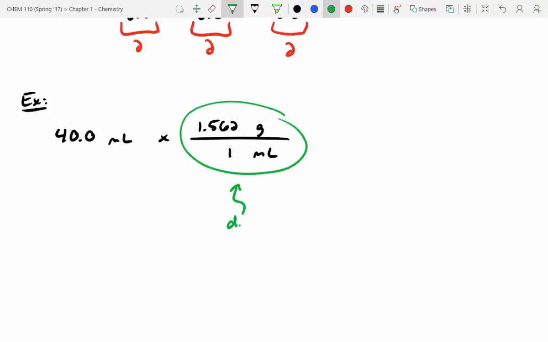We went over this yesterday in lab. And in this case, assume the 1 is an absolute number. It's not a measured number. The measured number is up top. And I want us to figure out, all right, if we've got 40 milliliters of a liquid, and we know its density is 1.562 grams per milliliter, how many grams of that liquid do we have?